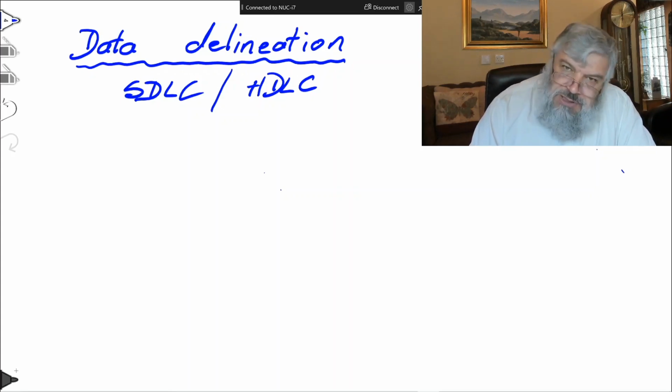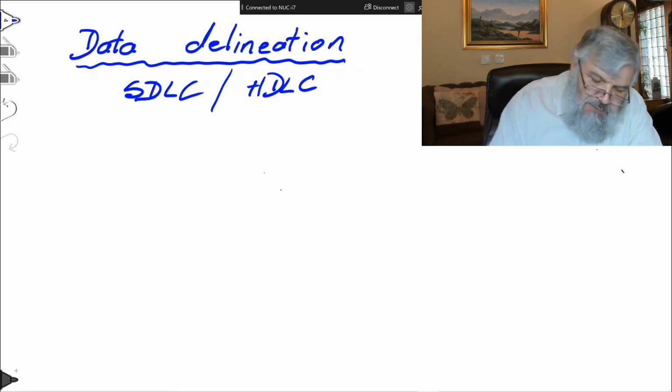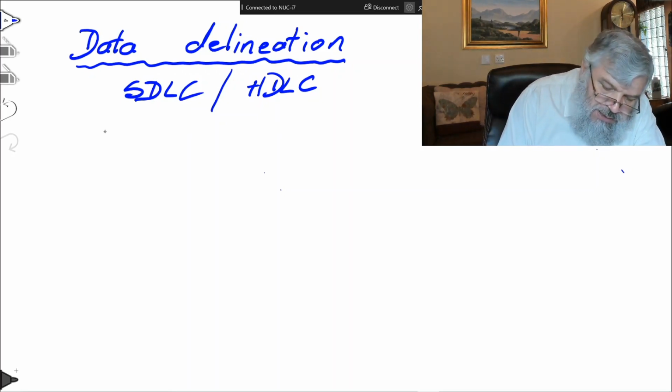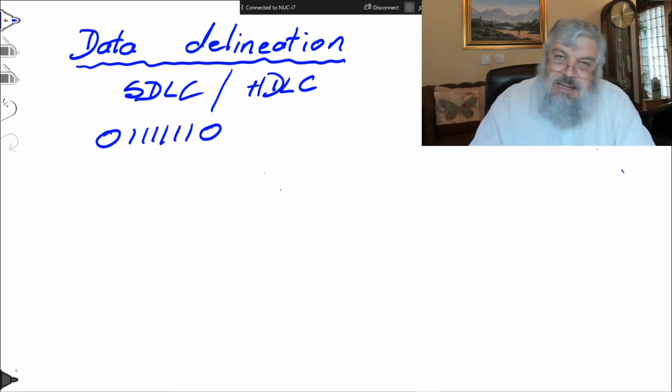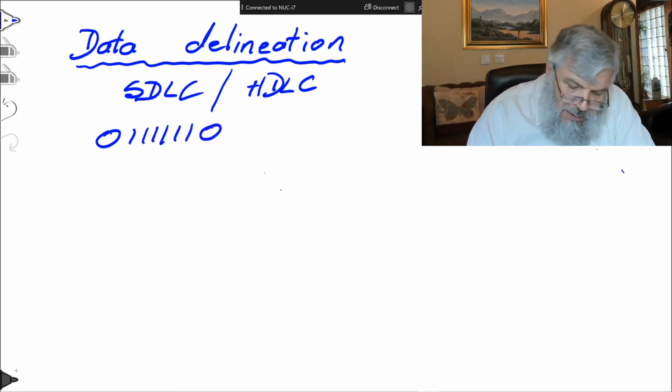The way in which data is delineated is by using what is known as a flag. And a flag has the bit pattern 0, then six ones, and then a 0. This raises an obvious question. What if that pattern occurs inside your data?